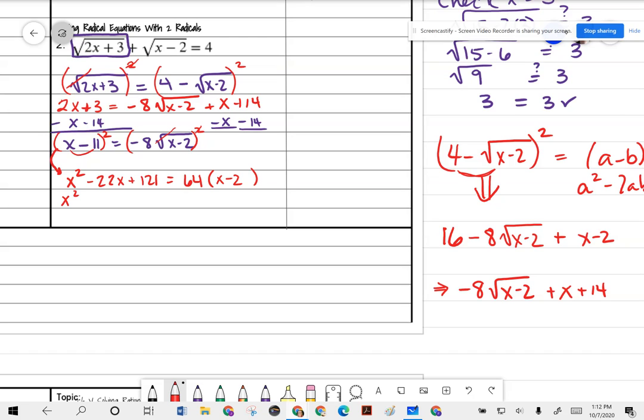So I've got x squared minus 22x plus 121 is equal to 64x minus 128. Notice that it is quadratic because we have x squared. So I am going to subtract 64x and add 128 so that it is equal to 0.